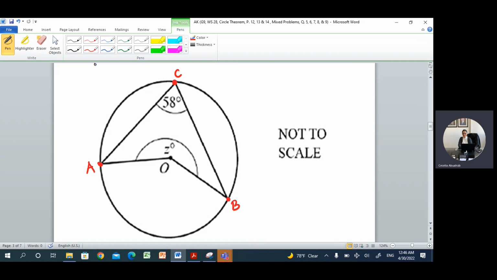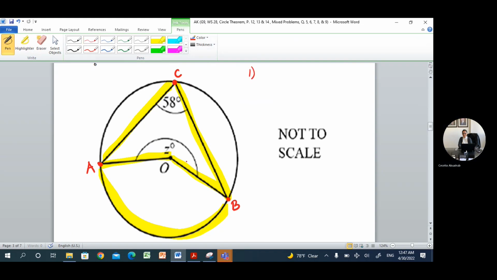Okay, so first thing I would be thinking of is the angle at the center, which is facing arc AB, is double the angle at the circumference facing the exact same arc. So let me write what I have just said.